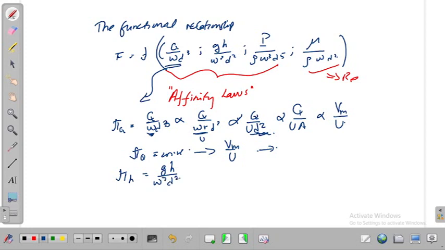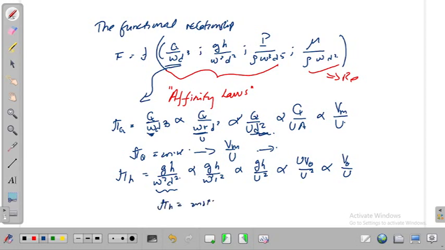If you look at this omega and the length dimension, we can say it's proportional to gH over omega squared r squared, that is proportional to gH over the blade velocity U squared, that is proportional to U V over U squared, and that is proportional to V over U. So here again, you can conclude that if the head coefficient is constant for some given operating conditions, then the ratio V theta over U will also be constant for similar operating conditions.